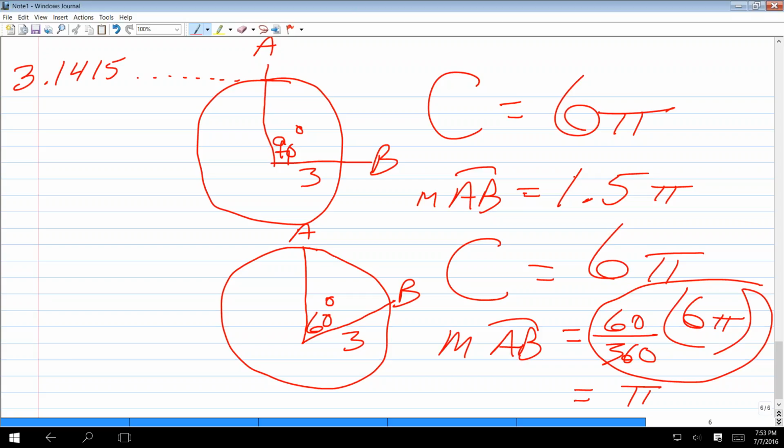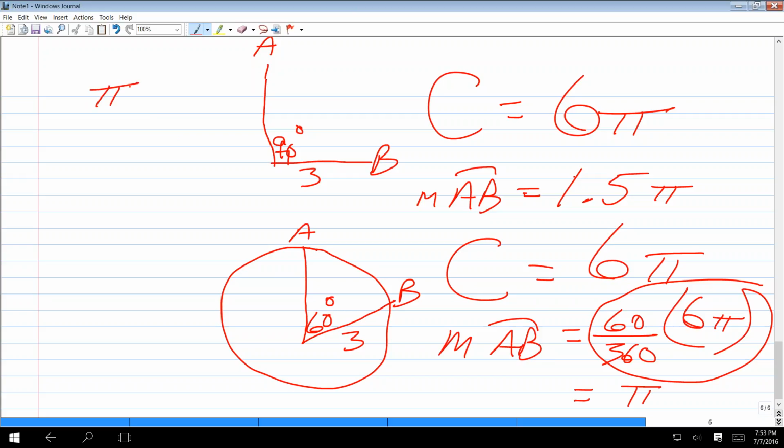So pi is a very unique number. It's called an irrational number. It's called a transcendental number. But basically, if you want to write pi in the most accurate form possible, you write it like that. Nothing else is as accurate as that.